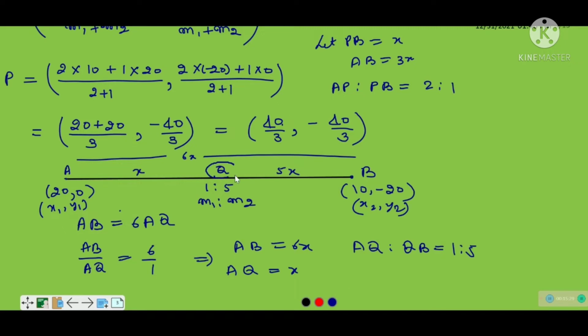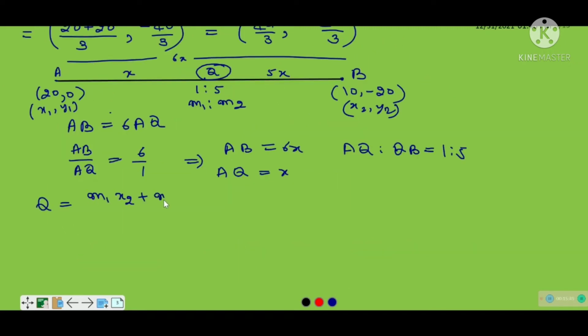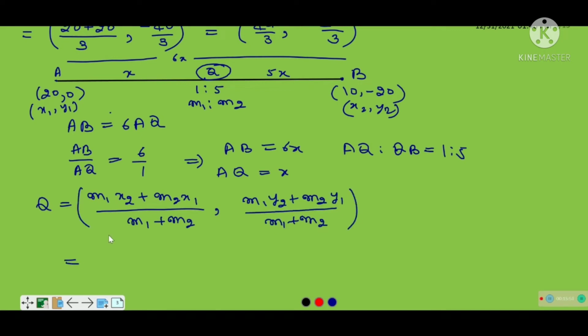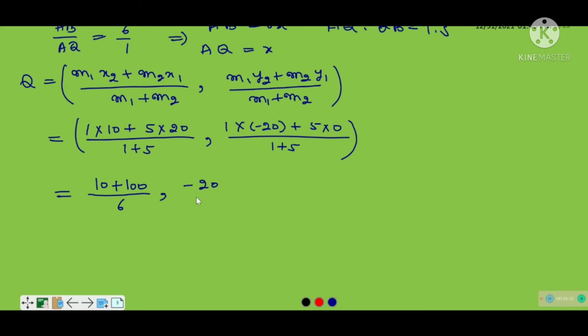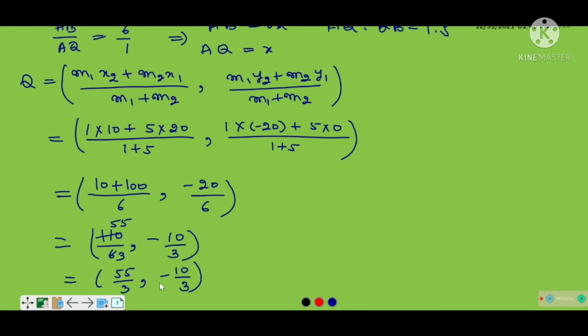We have to find the coordinates of Q, apply section formula and find it. Coordinates of Q are 55 upon 3 and minus 10 upon 3.